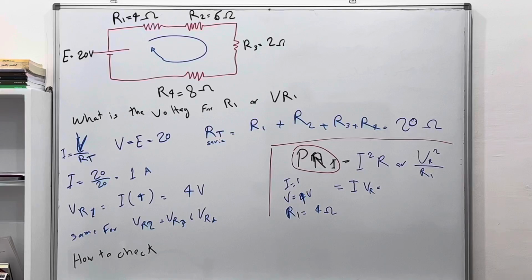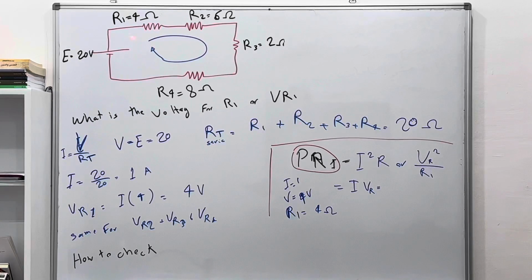There's another question: why do we need to learn how to solve series circuits? Series is needed if there are components that need to use different voltages. Like you see, the voltage in R1 will be different than the voltage in R2, and the voltage in R2 will be different than VR3, and VR3 is different than VR4. Yes, they might be similar, but usually we use it for different ones.